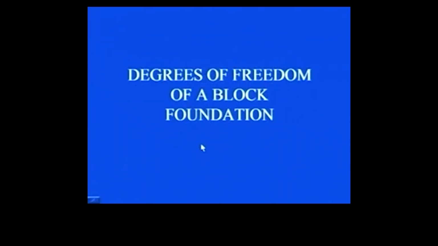Now let us try to see what are the various degrees of freedom of a block foundation. As you know, when we defined the degrees of freedom, what was the definition? It was how many independent coordinates you require to define a particular location or the state of a vibrating body. So the number of coordinates which are required to define the state of any vibrating body is called its degree of freedom.